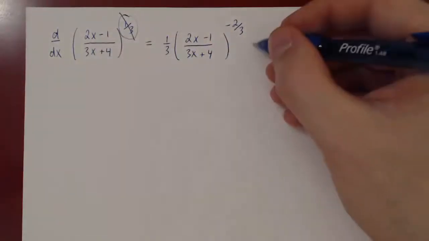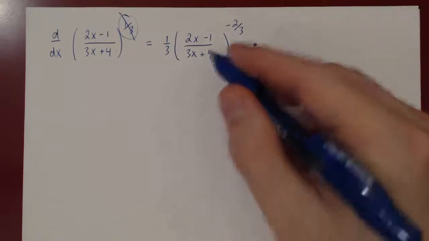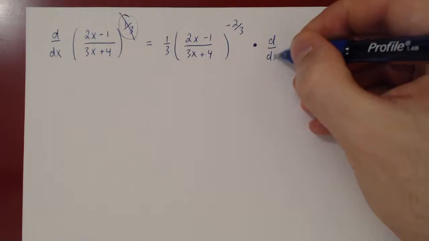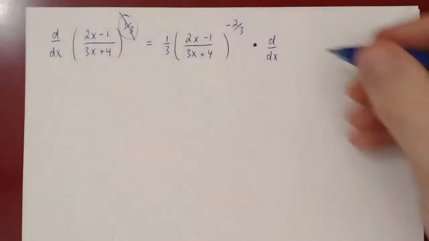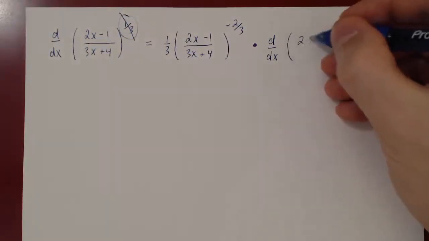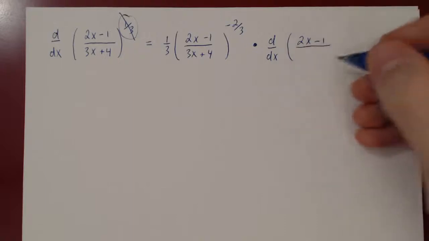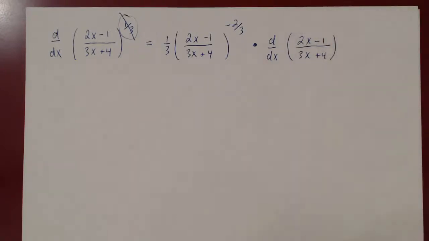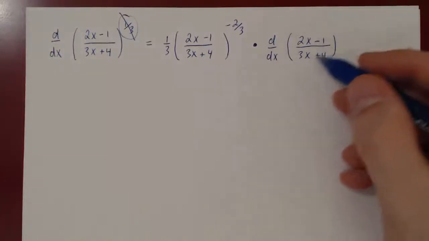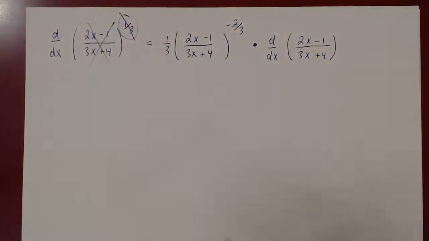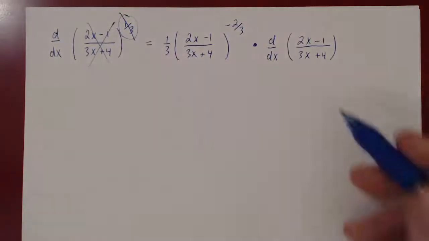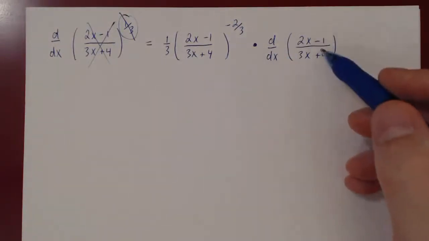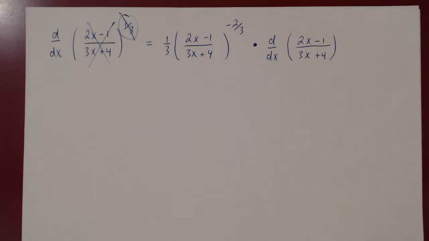So the chain rule says we have to multiply what we have so far by the derivative of what's left over, which is the fraction 2x minus 1 over 3x plus 4. And now the derivative of what's left over, and there's nothing left over, so we're done. But we have to find this one now. Well, we have a quotient, so we now have to use the quotient rule.